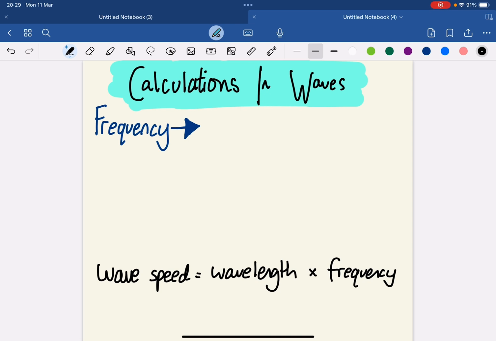Firstly, what is frequency? This is a commonly asked question in an exam, and pupils miss out one vital word and don't pick up the mark. So frequency is the number of waves. Now we always get that bit right, that pass a point.